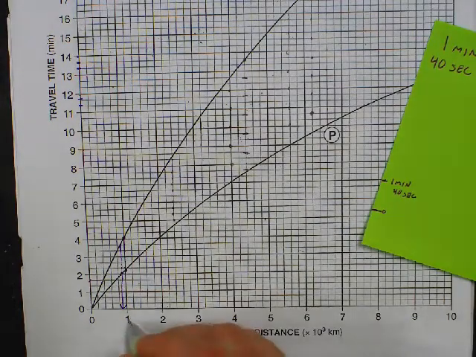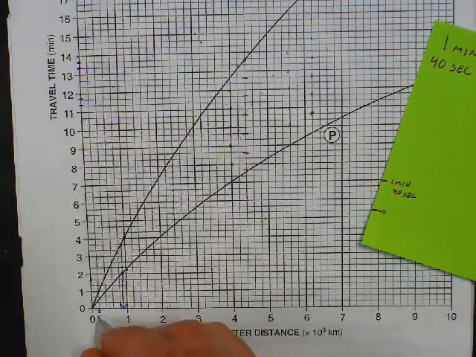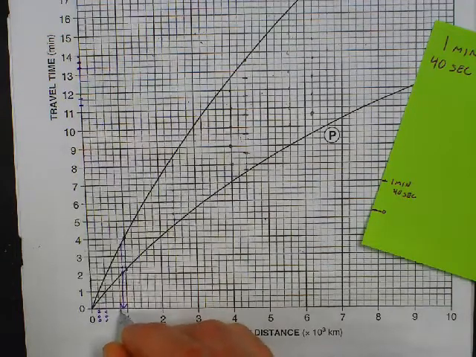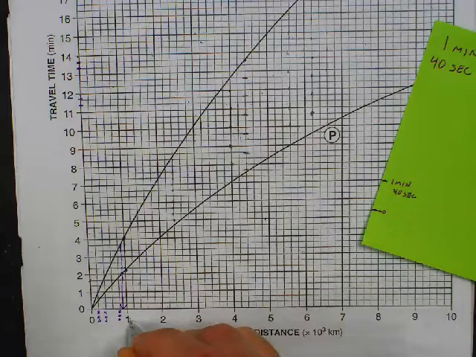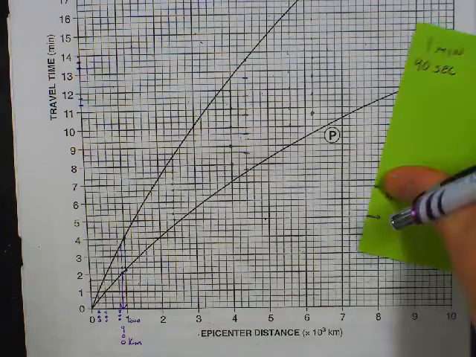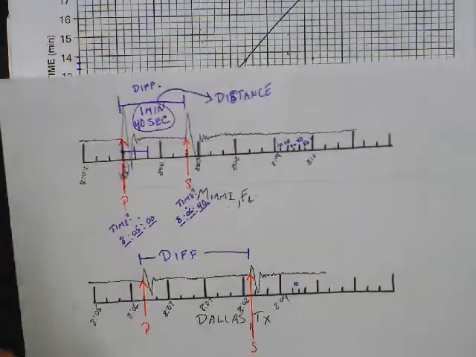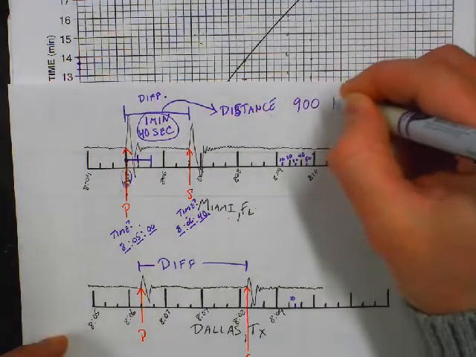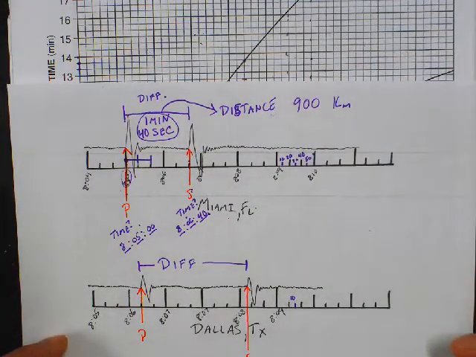It's less than 1,000. Remember, these go by 200s, 400s. That's in between 800 and 1,000. So I would call this 900 kilometers away. Miami, Florida would be 900 kilometers away from the earthquake.